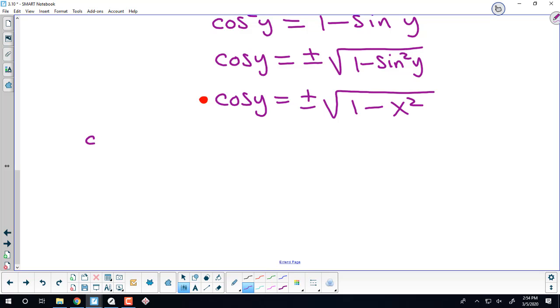So cosine of y when y is in the interval from negative pi over 2 to pi over 2. So y is a member of this interval. Is there anything we can say about cosine if y is in this interval?